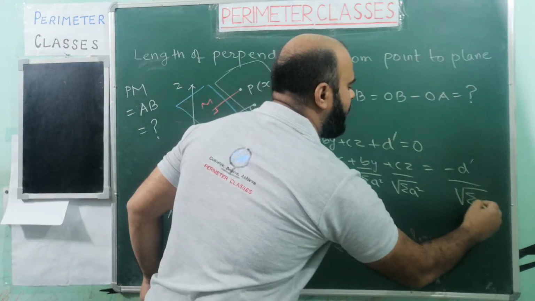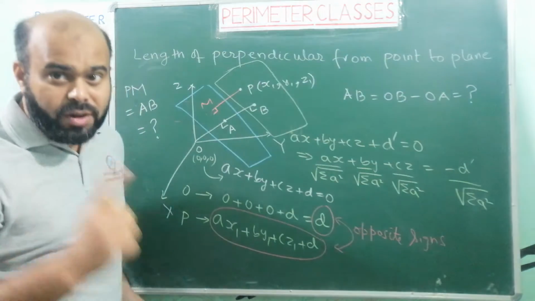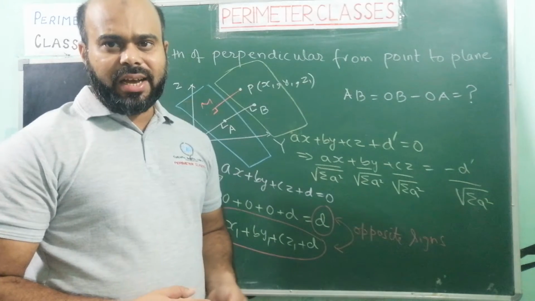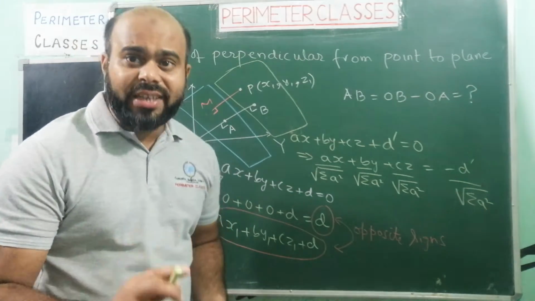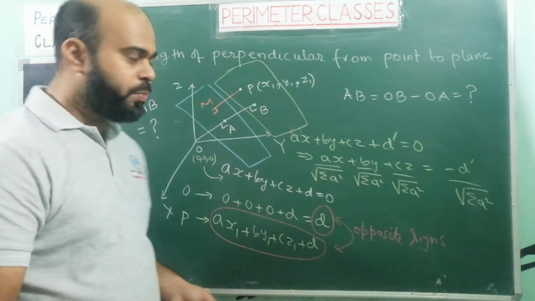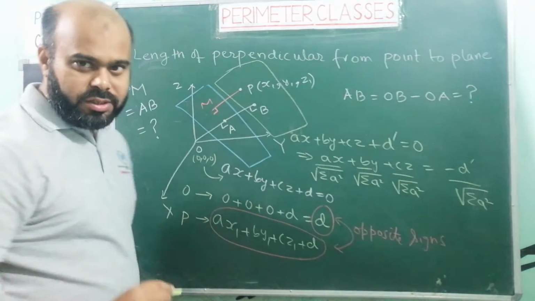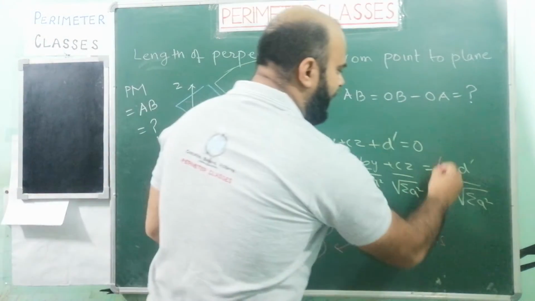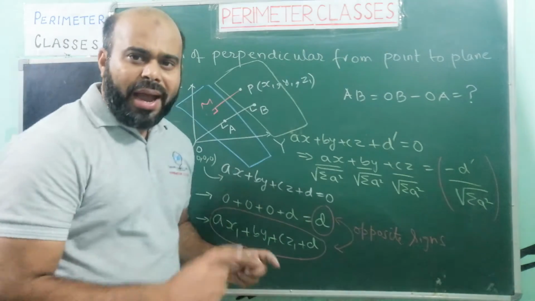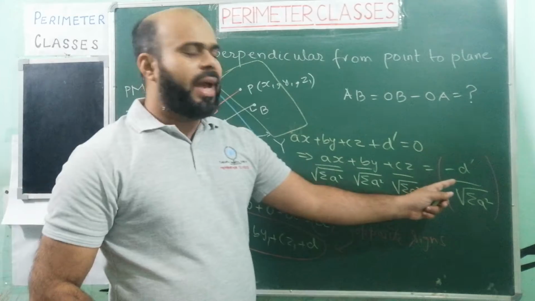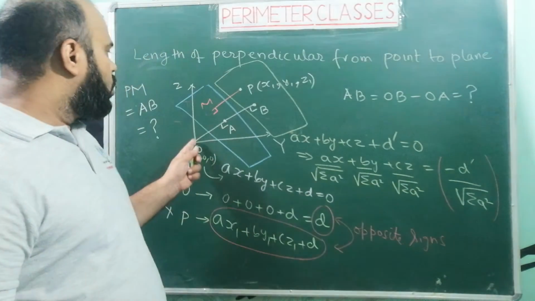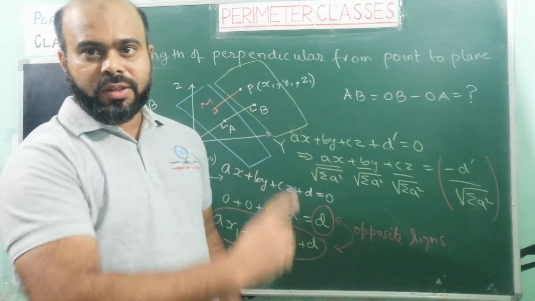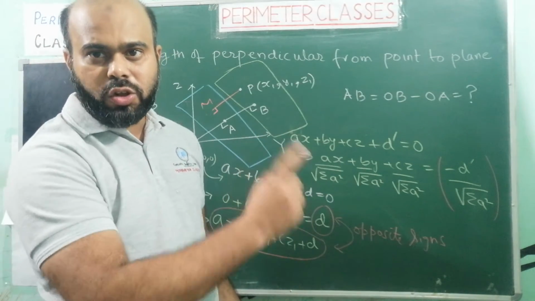If you remember the equation of the plane in normal form, the coefficients of x, y and z are now the direction cosines of the normal to the plane, that is OB. This is the normal to the plane, and the magnitude of the value on the right hand side will be the length OB, the distance of the plane from the origin.